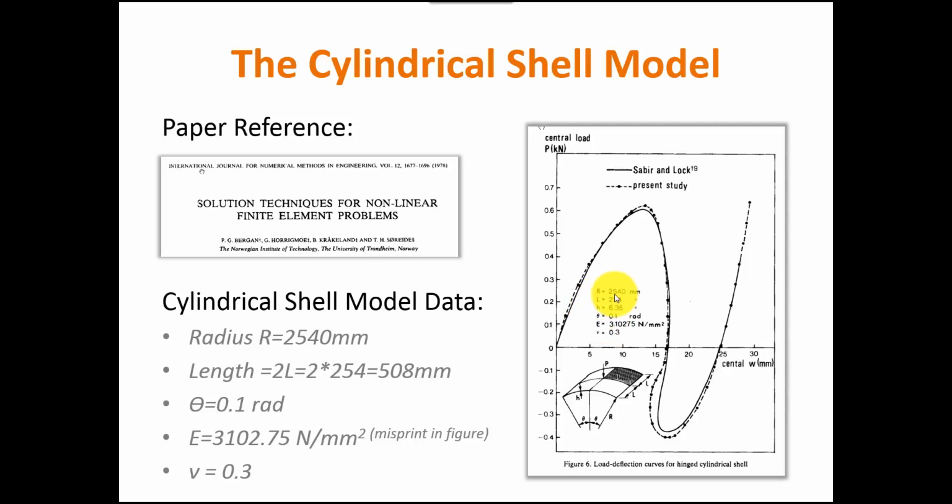The challenge in this case is that you see the behavior is really highly nonlinear. We see it starts in a linear way, but then the stiffness reduces, and on the top here we have a limit point with actually no stiffness.